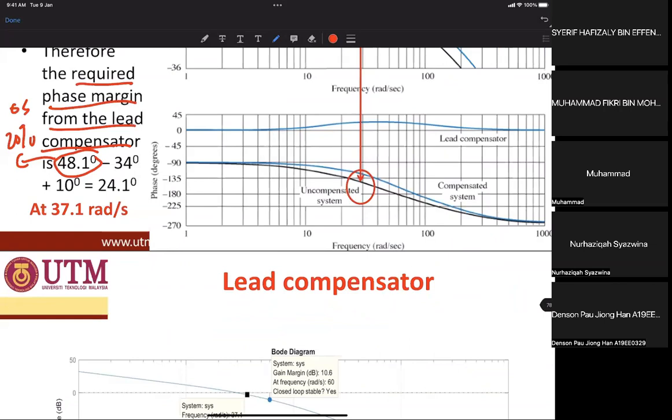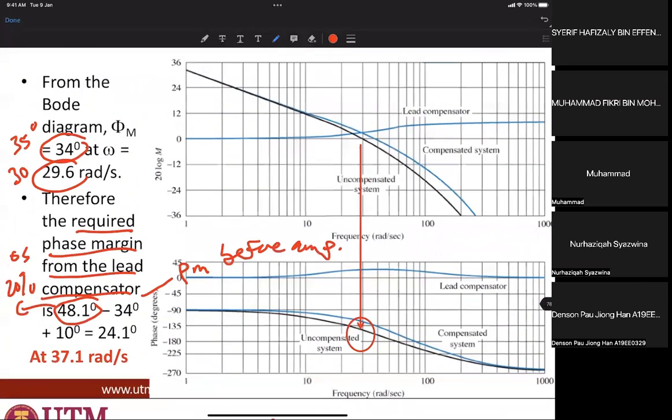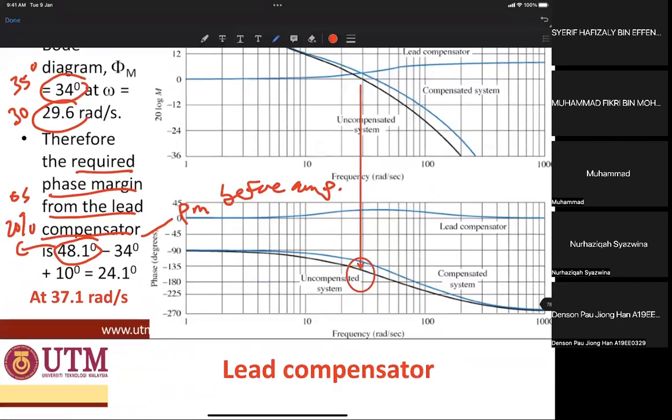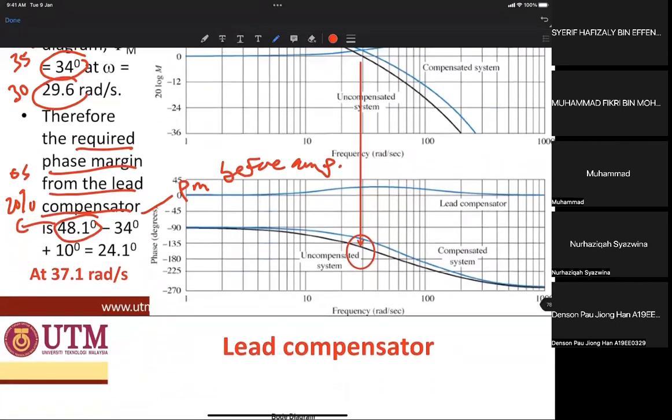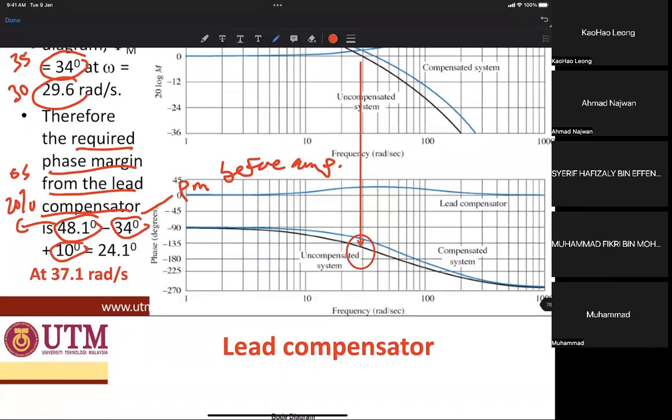Minus 34. 34 is the phase margin before compensation. The one that we got is 35, but in the solution it is 34. Plus 10. What is 10? What is 10 degrees? Correction factor.